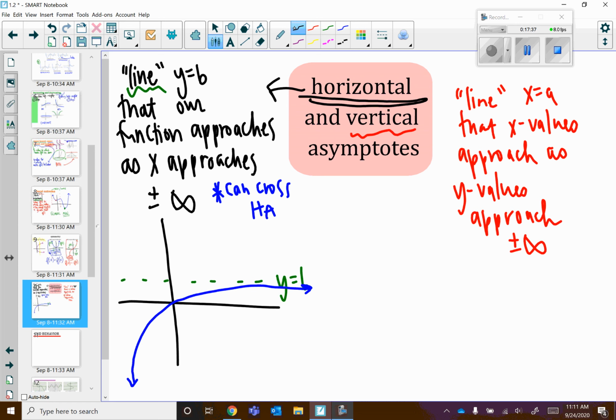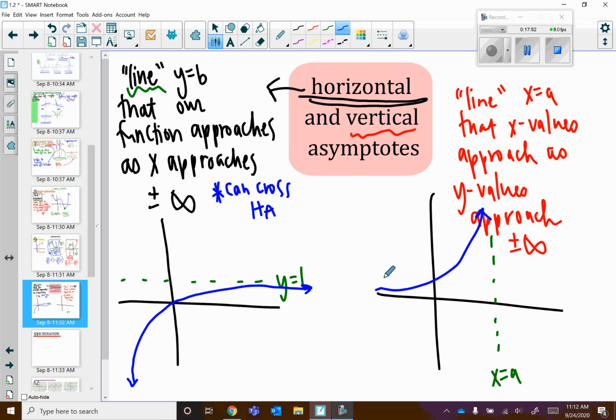So I'll draw another picture. Let's say here's our asymptote, x equals some value a, and it could look maybe like that. As my y values are getting really, really big, going to positive infinity, my x values are getting close to this line.